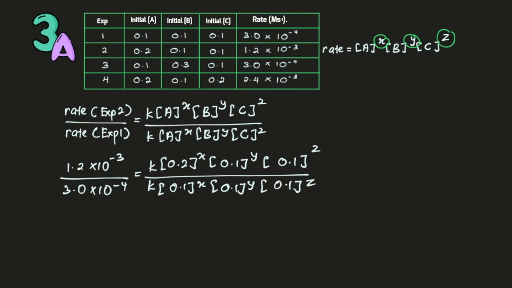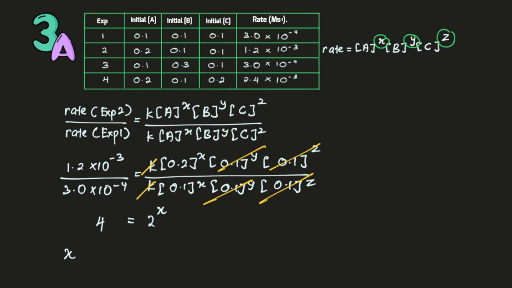Right. So the next thing we need to do is cross out the identical terms. K is identical and these concentrations are identical. So from there we can say 4 is equivalent to 2 to the power of X. Alright, so you need to bring the X down.